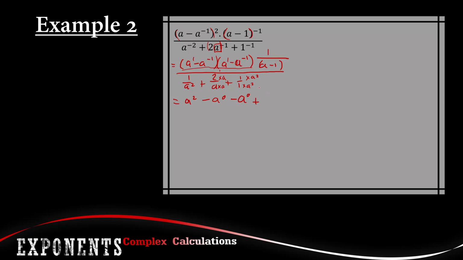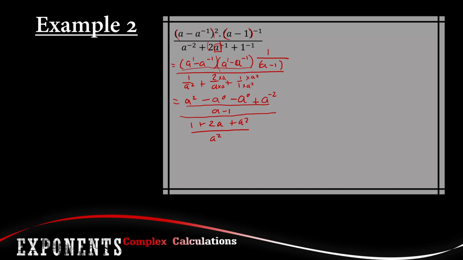Minus 1 plus minus 1 gives me minus 2, so a to the power of negative 2. So all of this is still over a minus 1, and then that is over this. So with this we've got 1 plus 2a plus a squared, and that's all over a squared.